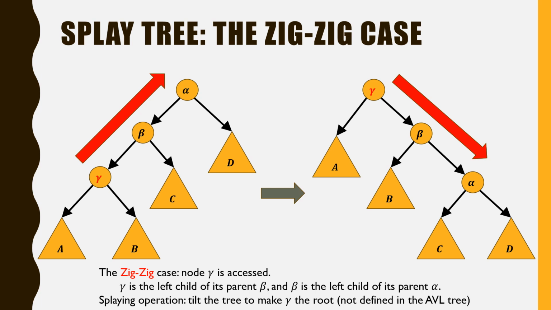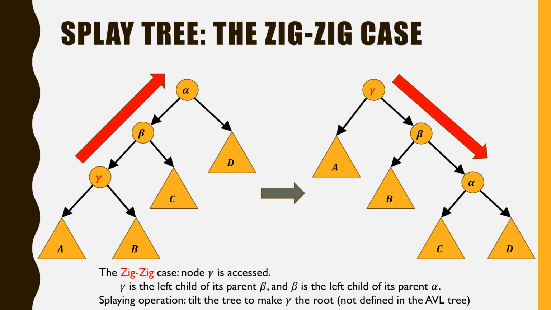The third case is the zigzig case, as illustrated by the tree on the left. In this scenario, the accessed node gamma is the left child of beta, and beta is the left child of alpha. To handle the zigzig case, we tilt the tree down by making gamma the parent of beta and beta the parent of alpha.